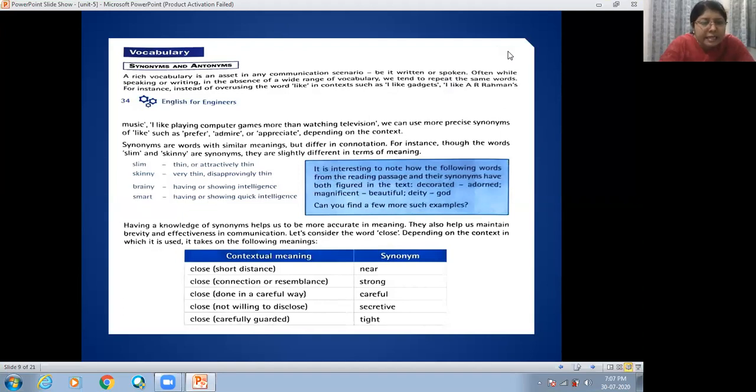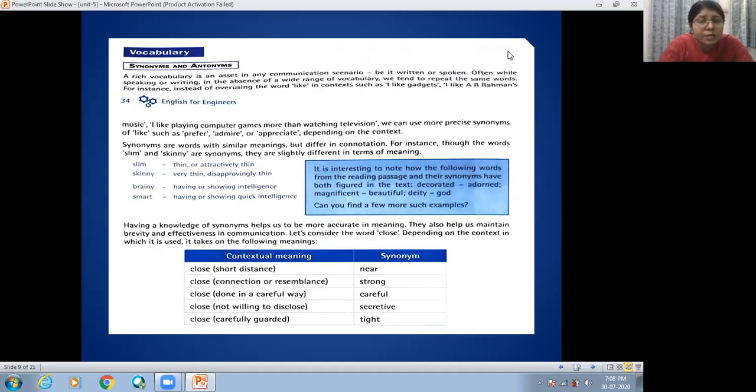For instance, instead of overusing the word like in the context such as I like gadgets, I like A.R. Rahman's music, what can we do? We can use more precise synonyms of like such as prefer, admire, appreciate, depending on the context.